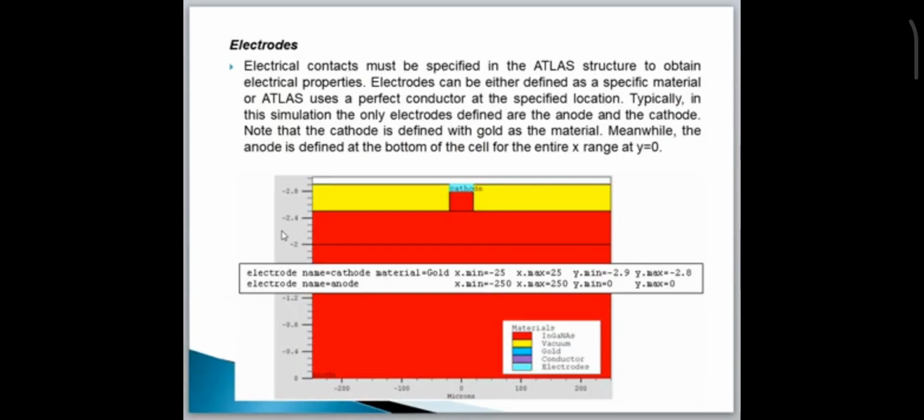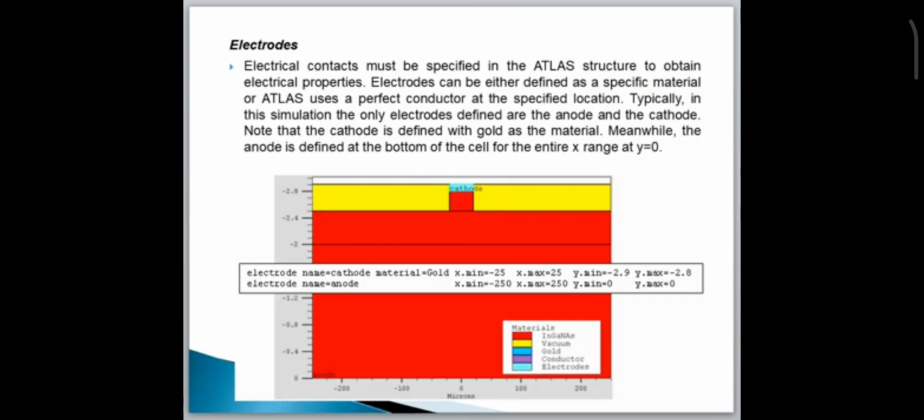In the electrode statement, electrical contacts must be specified in the Atlas structure to obtain the electrical properties. Electrodes can be either defined as a specific material, or Atlas uses a perfect conductor at the specified location. You don't need to mention the electrode name. If you don't mention the electrode name, then Atlas will automatically choose a perfect conductor for this location.